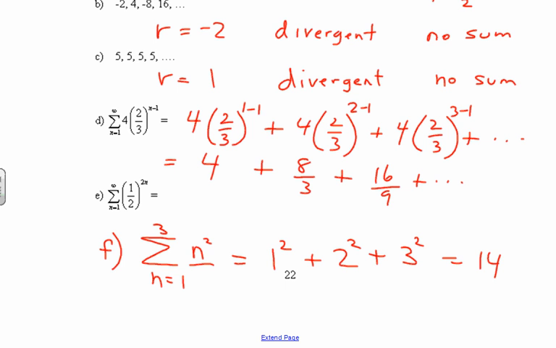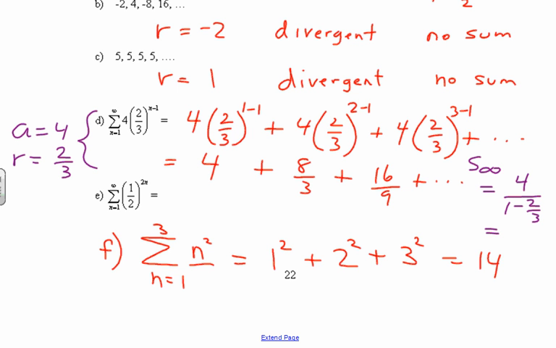All right, so I'm hoping for this one. Because your R value is less than 1, we will have a sum to infinity, won't we? So the sum to infinity will be the A value over 1 minus the R value.